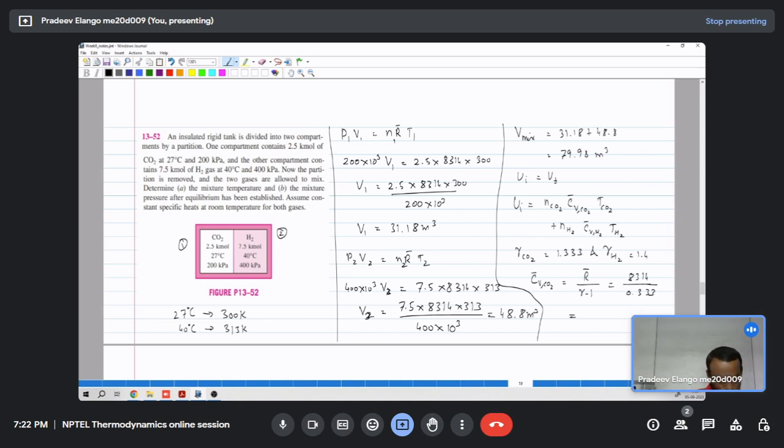So Cv bar would be 25 kilojoule per kilomole Kelvin.